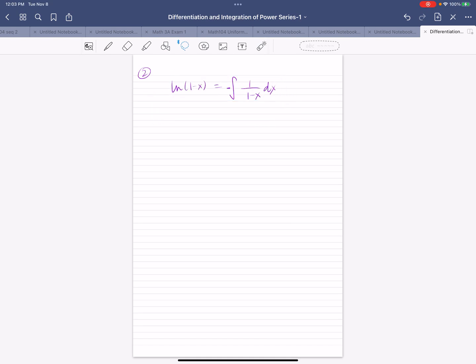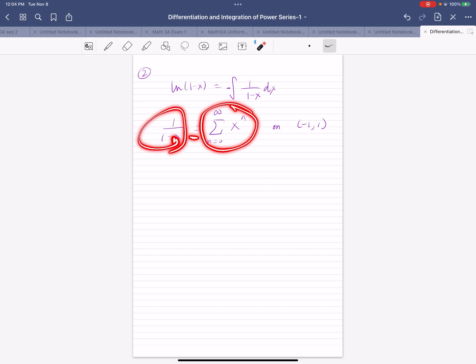So we'll do our term by term integration and say 1 over 1 minus x is equal to the series x to the n, the geometric series. And this is valid on this domain. Remember, when you write that a series is equal to a function, you must include the domain.